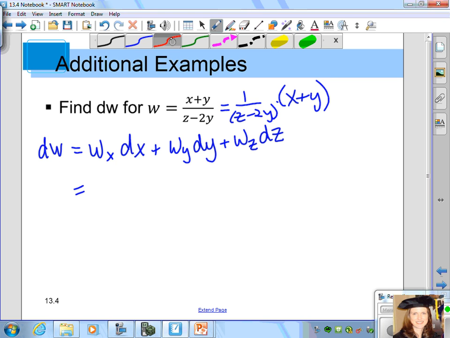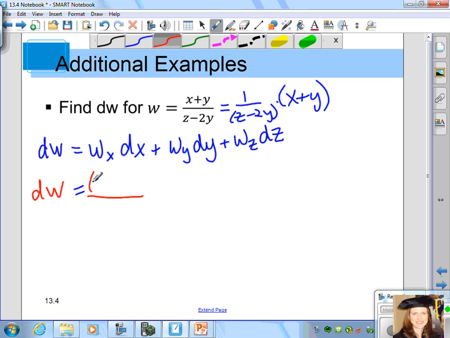Let's go ahead and use the quotient rule. The quotient rule is where you take the denominator times the derivative of the numerator minus the numerator times the derivative of the denominator, divided by the denominator squared. So our total differential dw is the partial derivative of this w with respect to x.